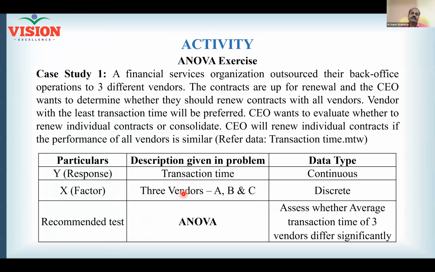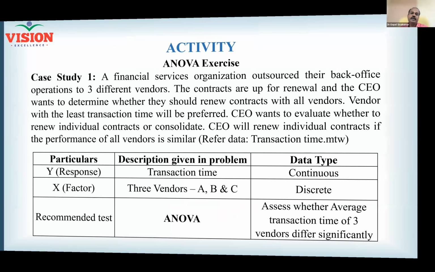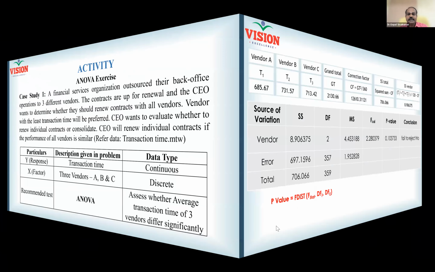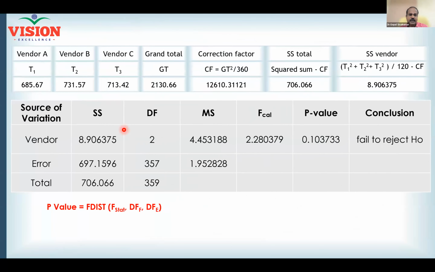So the output variable is transaction time, and you are comparing vendors A, B, and C. How many vendors? 3 vendors. So the study is one-way Anova. For each vendor, T1, T2, T3, their performance data is available.